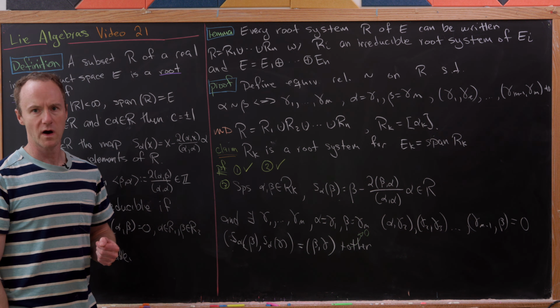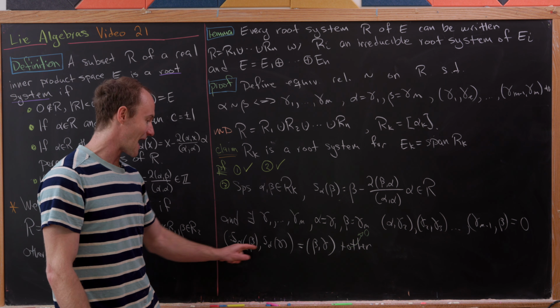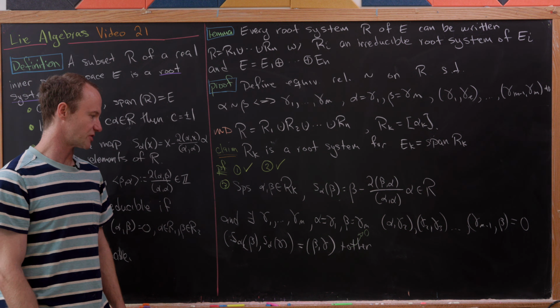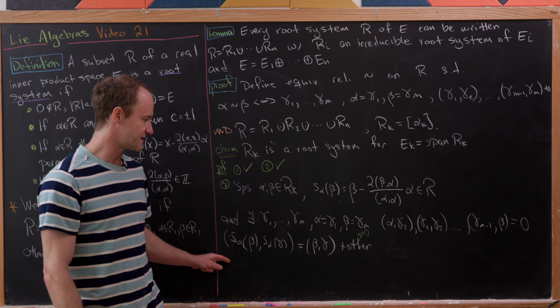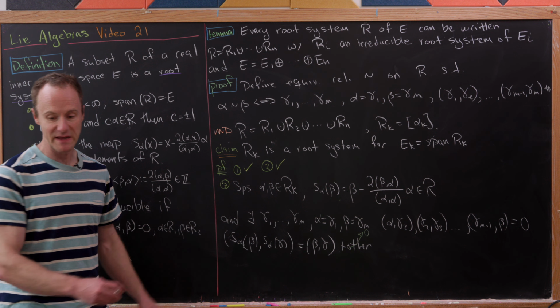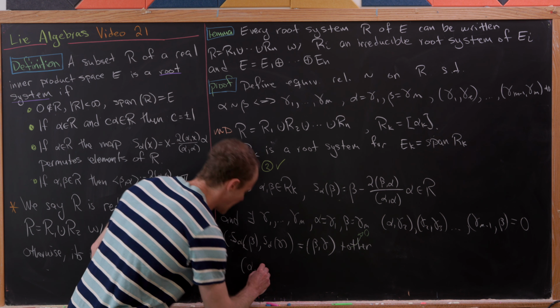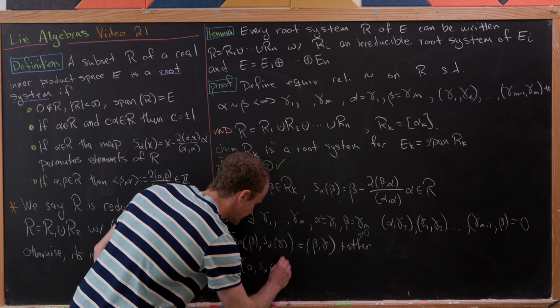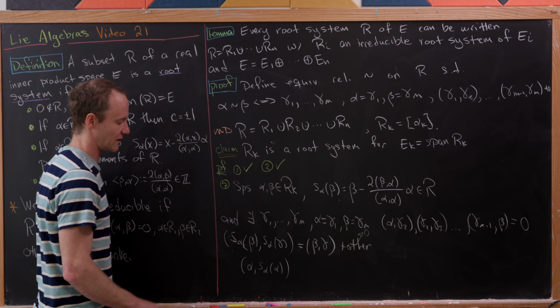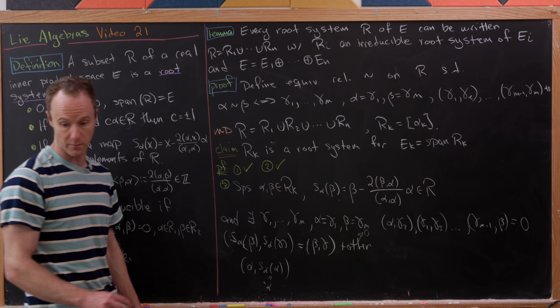So what does that tell you? That tells you that the inner product after applying this reflection by alpha is the same as it was before. What that means is that we've got this nice string of alpha and then S_alpha applied to itself, keeping in mind that S_alpha applied to itself is minus alpha, something we did before.